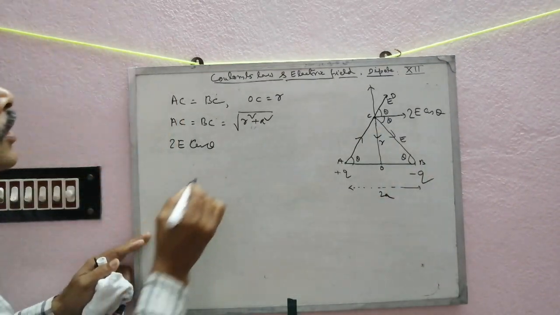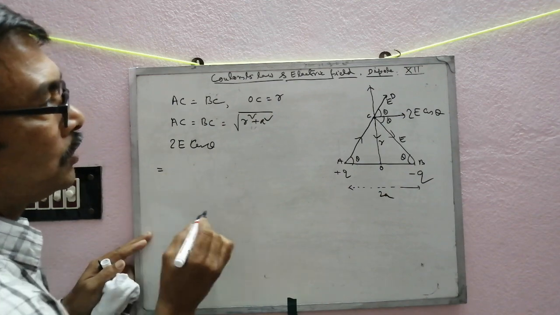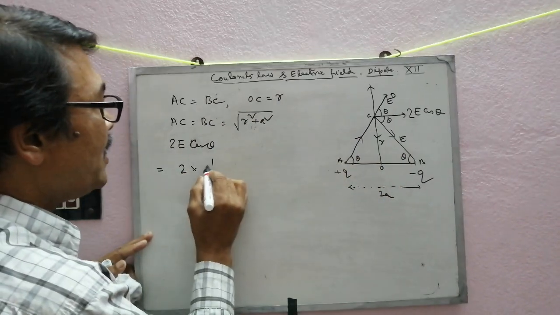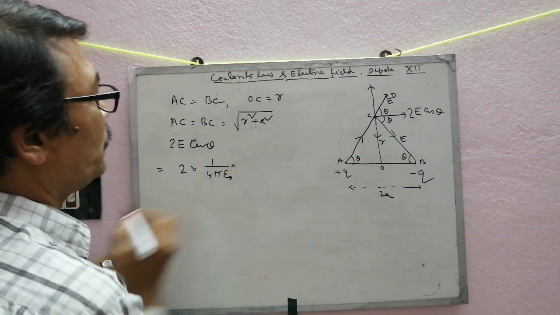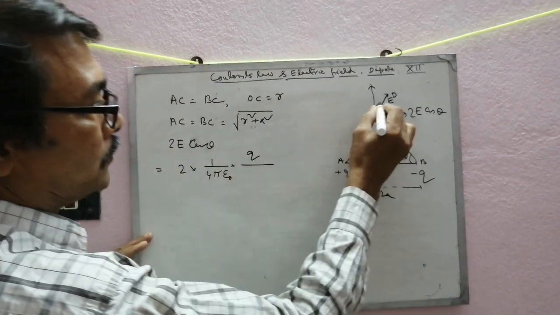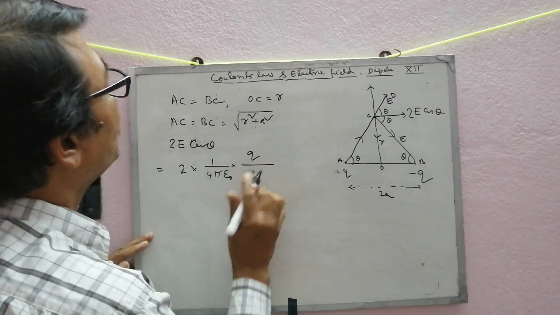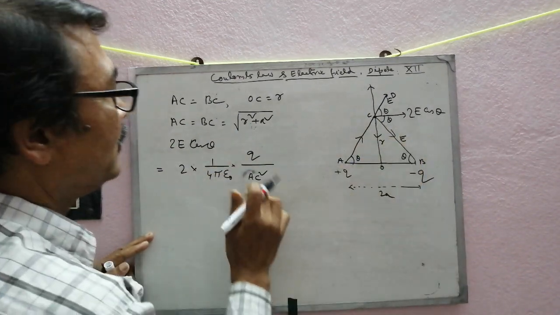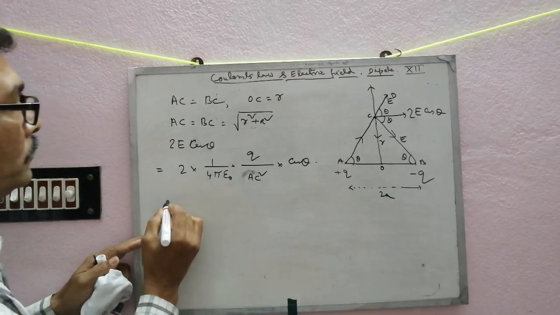Total electric field. Now, what is the value of E? In vacuum, E is 1 by 4 pi epsilon naught Q by AC square or BC square, into cosine of theta.